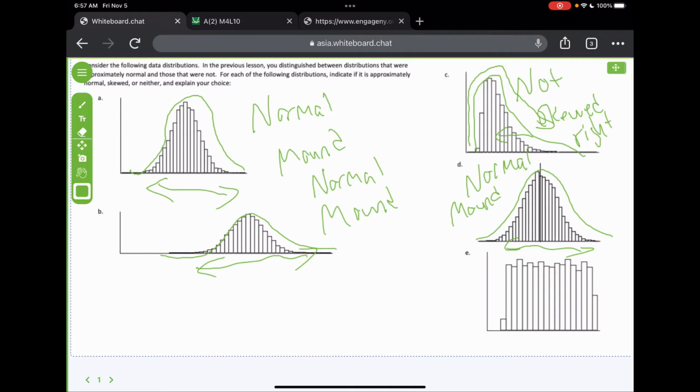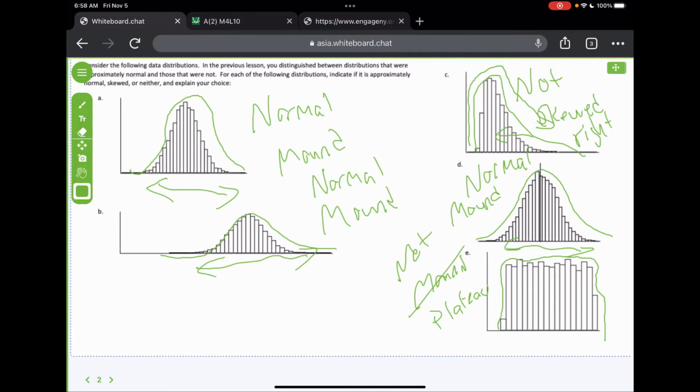Now, although this looks like it's kind of evenly distributed, it's not really a mound, right? It's more like a plateau, right? I'm not sure if I spelled that right, but it's kind of plateau, so it is not normal, okay? It's still very hard to determine standard deviations under that.